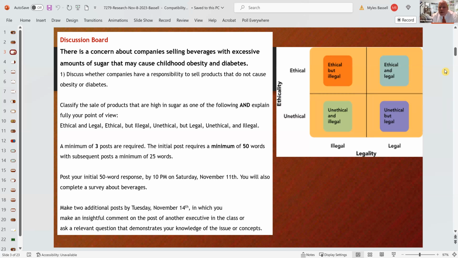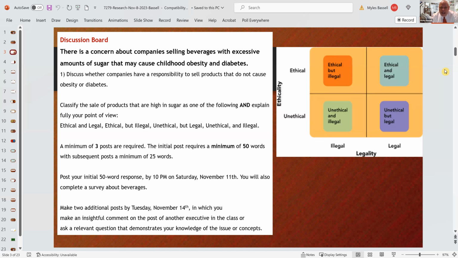So try to make your initial post by this weekend, just addressing this issue as it relates to a company's responsibility and whether or not the sale of products with a lot of sugar is ethical or legal.